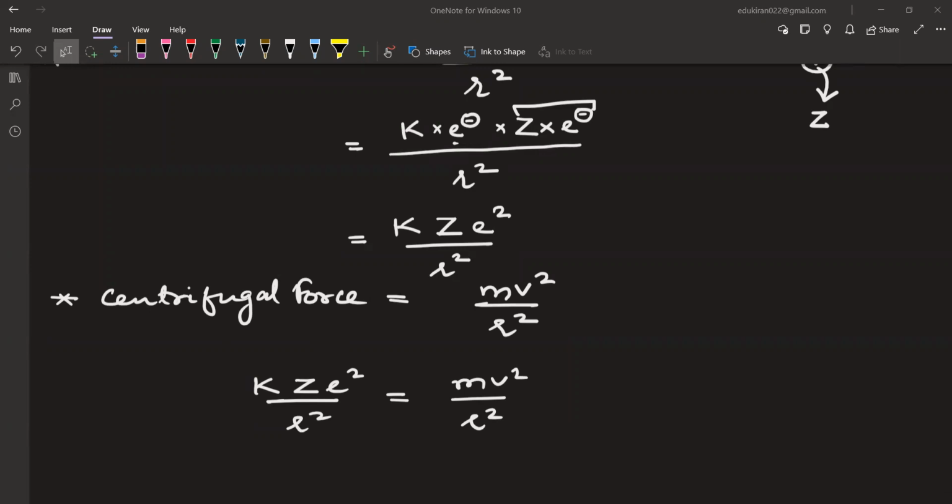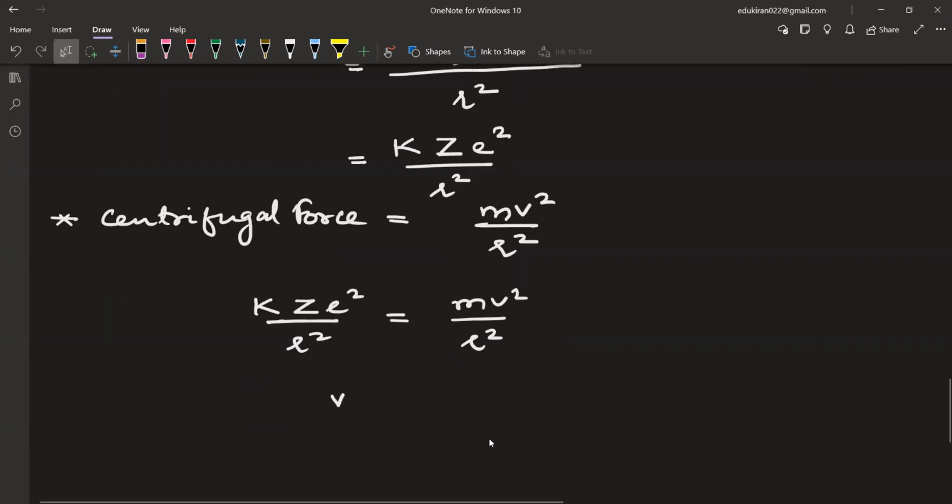So from here, what are you going to get? v square will be equal to... Wait, one thing will be a mistake.